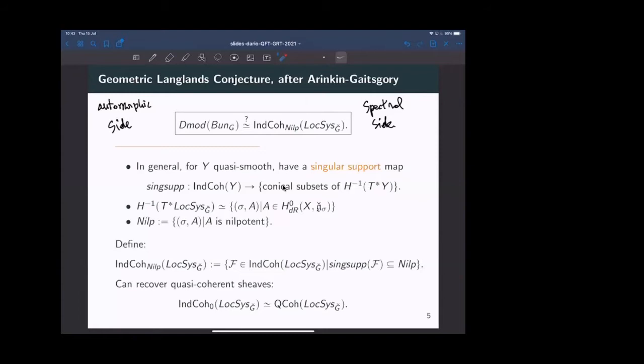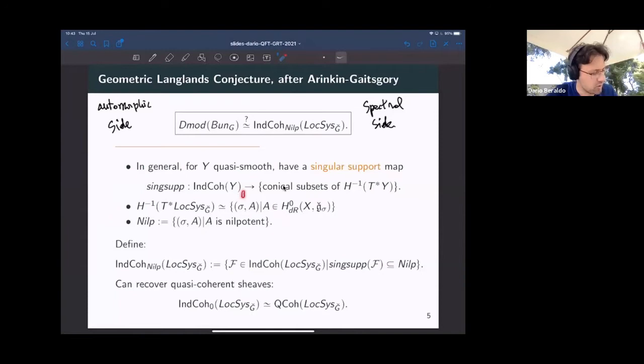In that situation, we have a singular support map that associates to coherent sheaves or ind-coherent sheaves its singular support, which is a conical subset of this H^-1 of the cotangent complex. I will draw a picture later, but this H^-1 of the cotangent complex is a space living over Y, its fibers are vector spaces, and singular support lives there. Conical subsets are conical with respect to this vector space structure.